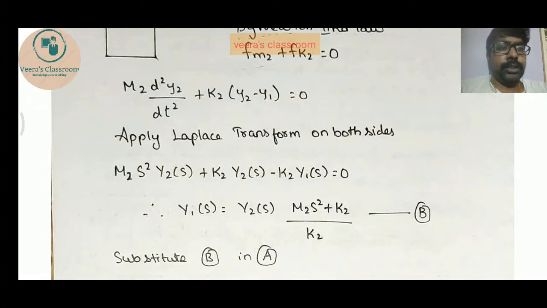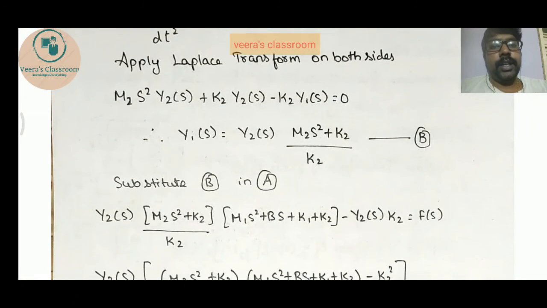Why we are doing this is, our objective is to get the value of Y2 of s by F of s. So we have to eliminate Y1. So by using this equation, I will get the value of Y1 of s, and I will mark this as equation number B, and we will substitute this value in equation number A such that the entire Y1 of s will get eliminated. So I am taking this as equation number B, and I will substitute this B in A.